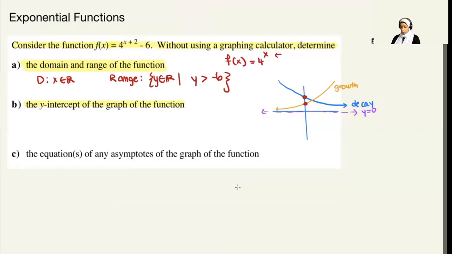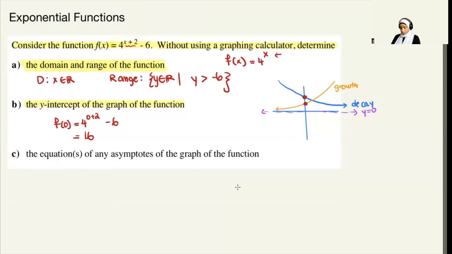And so what we're looking at over here is the y-intercept. If I set x equal to 0, I don't just get 1, because it's going to be 4 to the power of 0 plus 2. So f at 0 is equal to 4 to the power of (0 plus 2) minus 6. 4 to the power of 0 plus 2, that's 4 to the power of 2.